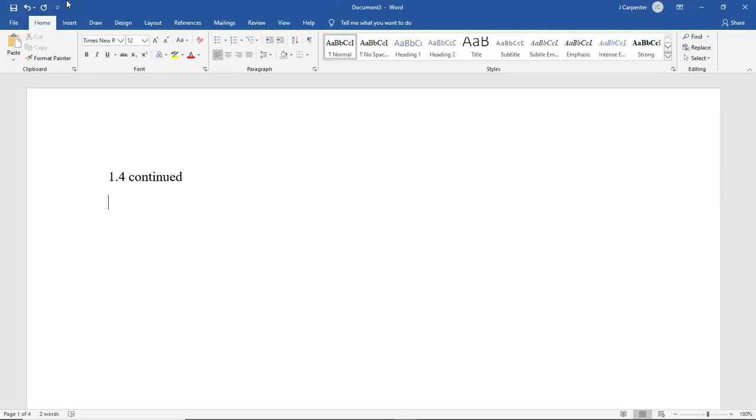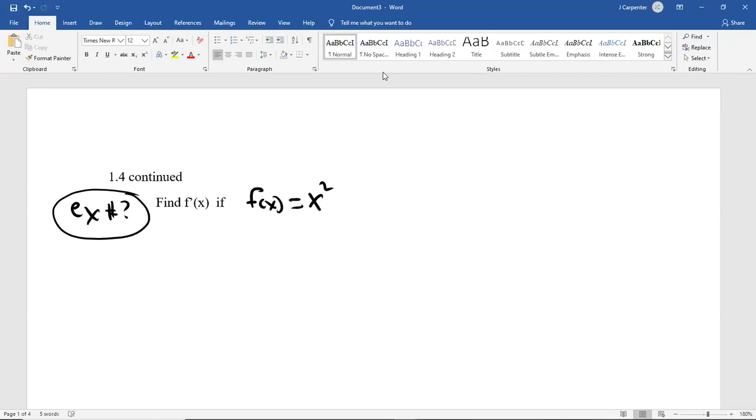Example, I honestly don't remember what we're up to. I have example 5 on my notes, but I think I did an extra one or cut one. So the example number doesn't technically matter. We're going to find f prime of x, which is the derivative, if f of x is equal to x squared minus 5x plus 12.